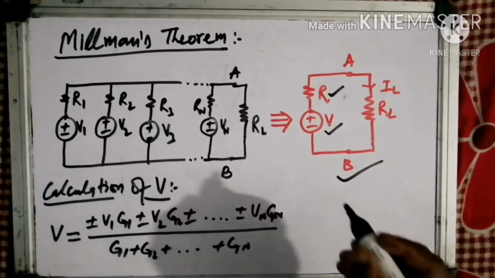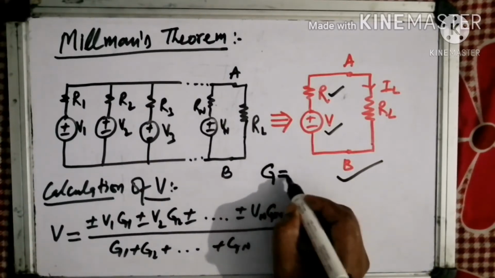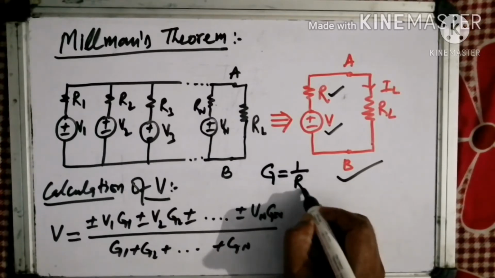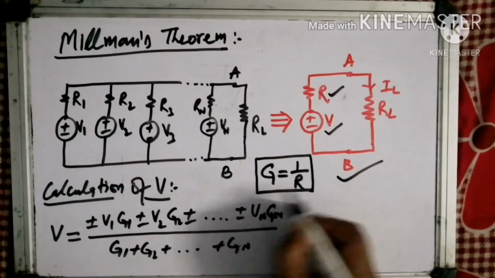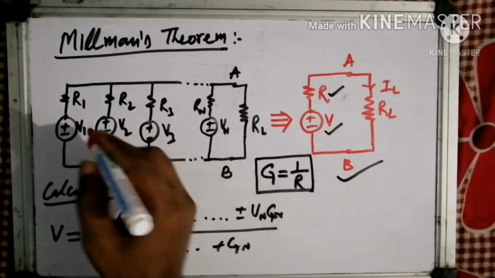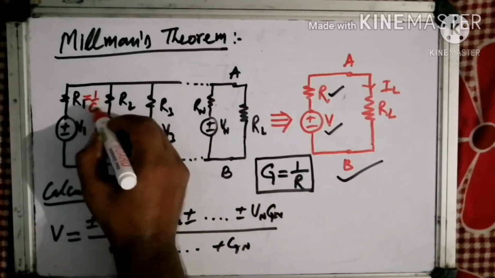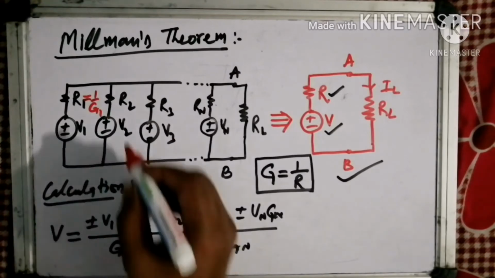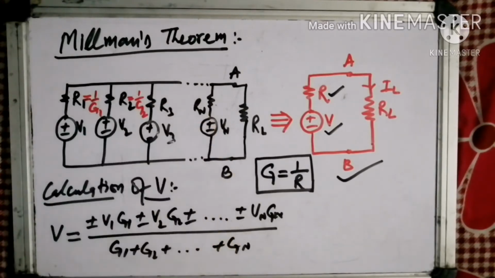Now the question is, what is G? G is nothing but the reciprocal of resistance. Right? Say if this one is R1, so it is equal to 1 upon G1, R2 is 1 upon G2.